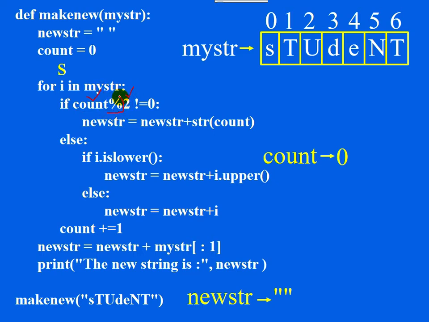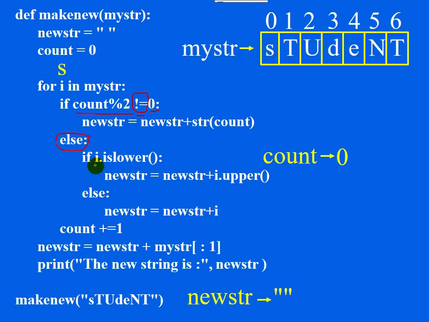Modulus operator returns remainder as answer. The exclamation mark and equal to sign is not equal to. So here the answer is 0. 0 not equal to 0. Condition wrong. So control goes to the else part.